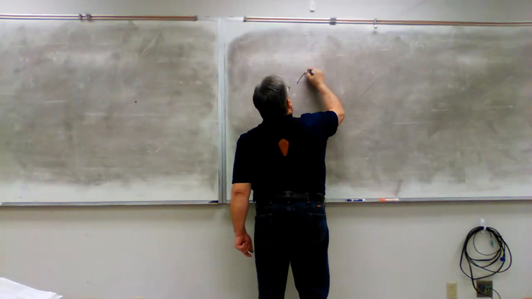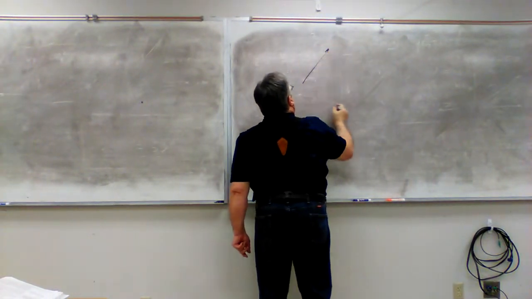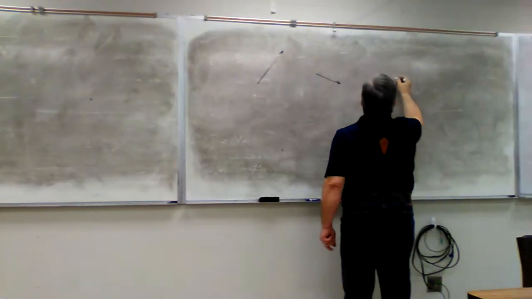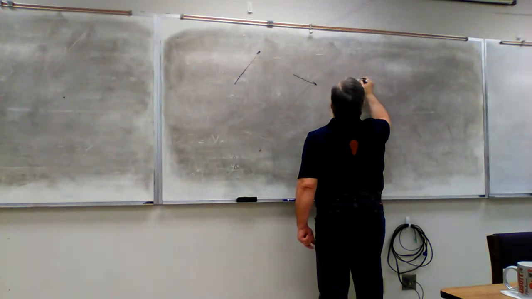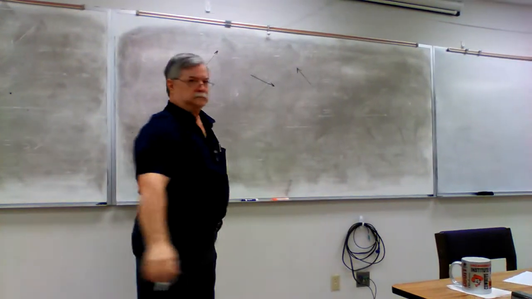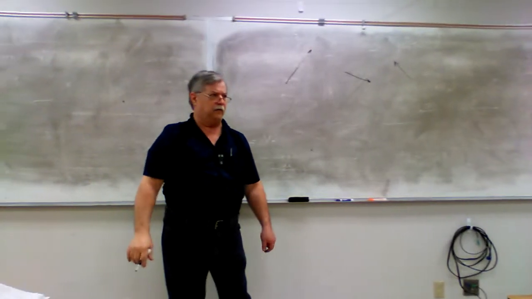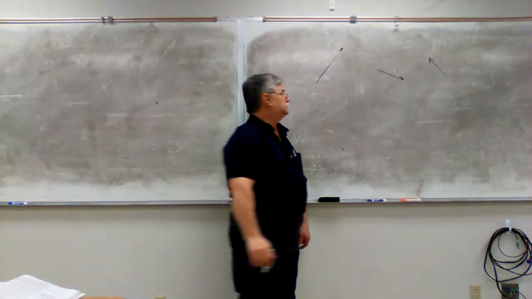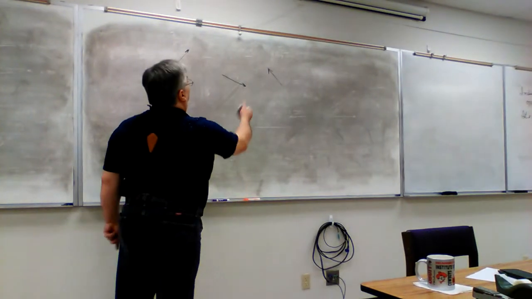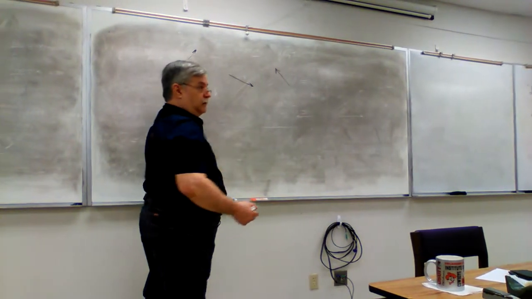If you're adding this vector plus this vector plus that vector, how do you add all three of them together? Well, you add them as they are.